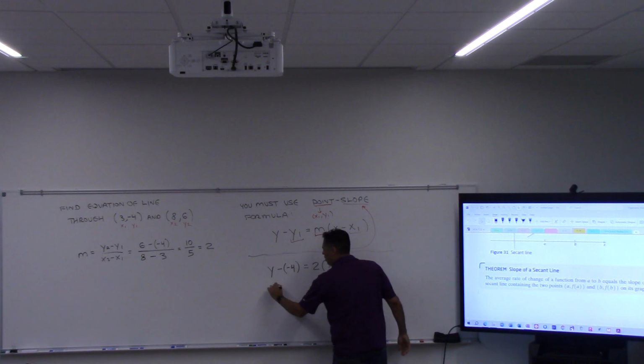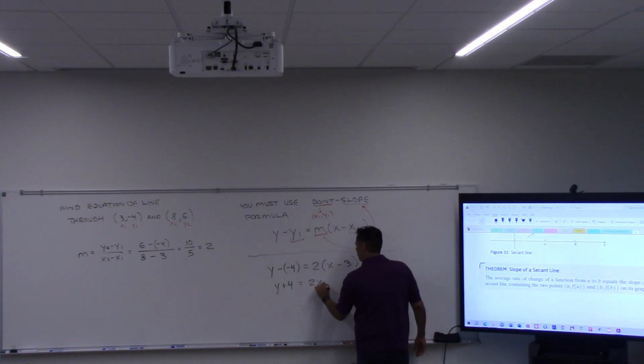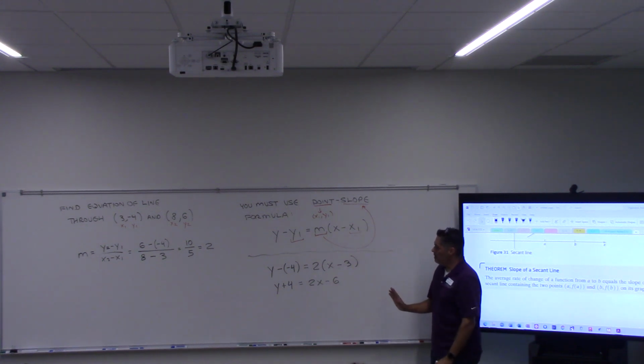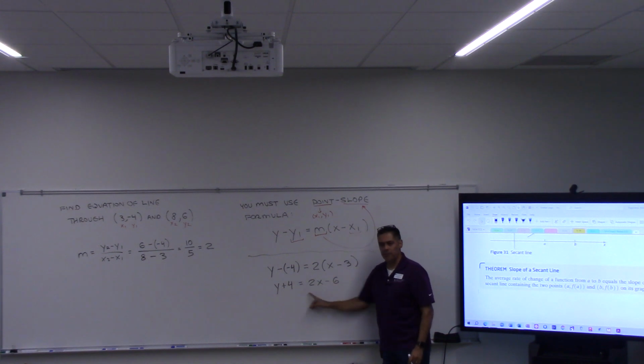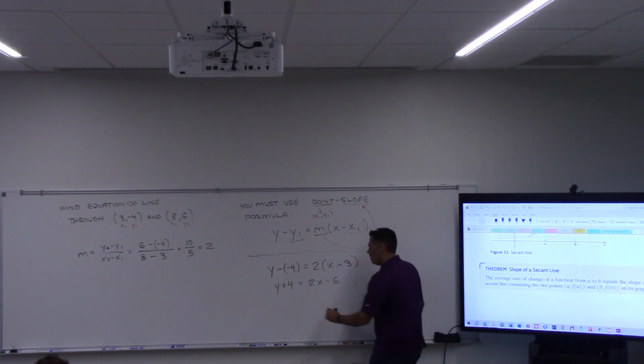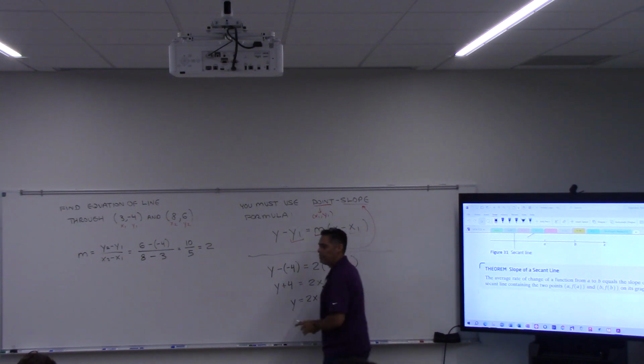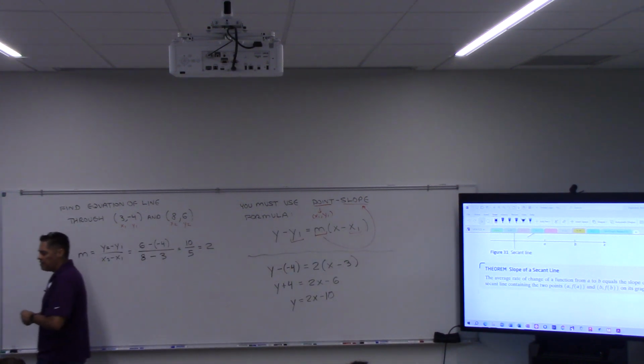And then this is y plus 4 equals, let's distribute, 2x minus 6. That's fine. That's the equation of the line. But I'm going to go ahead and get y by itself. Just going to subtract 4 on both sides. So y is 2x minus 10. That is the equation of the line.